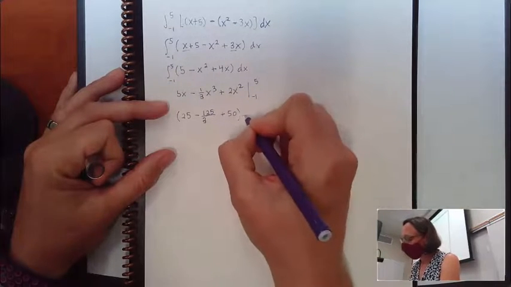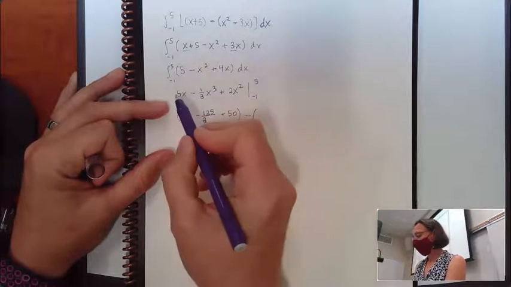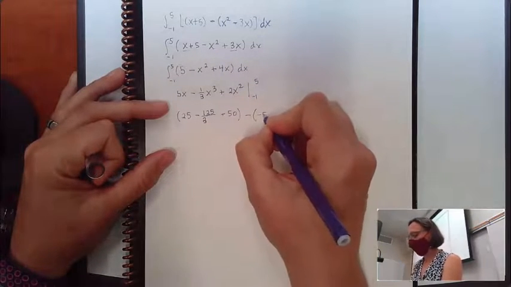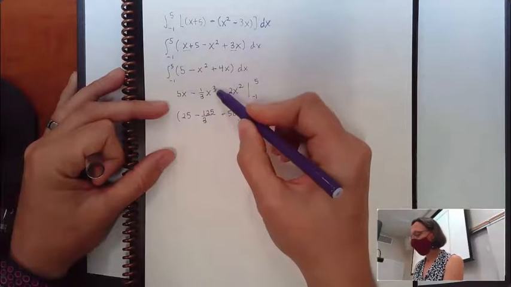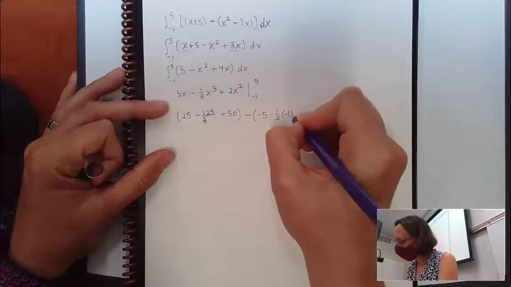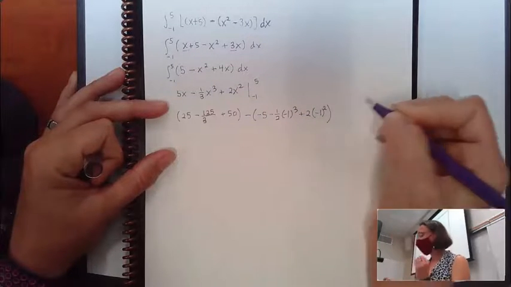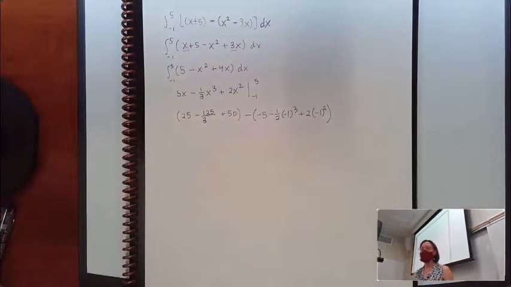And now I'm subtracting, plugging in -1. -1 times 5 gives me a -5. -1 cubed. Oh, you know what? Forget it. I'm just putting it in parentheses and not worrying about simplifying that. I'm going to walk away.